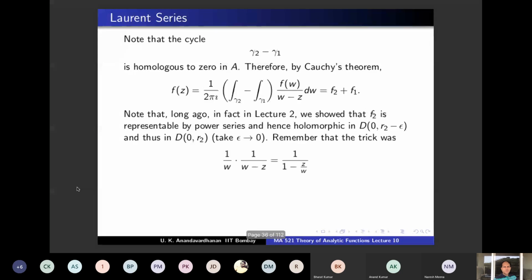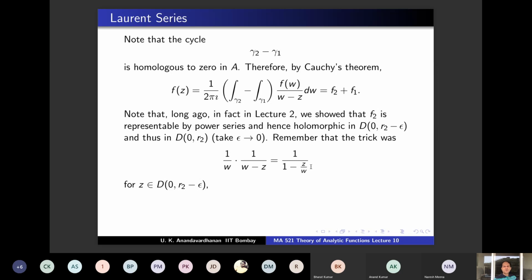So remember that the trick was geometric series. Basically 1 by w minus z, divide by w also, this is the same as 1 by 1 minus z by w, and you will expand it as a geometric series. For any z in D(0, R2 minus epsilon), mod z is strictly less than R2 minus epsilon, whereas mod w is on the boundary. You're integrating on the boundary. So mod w is R2 minus epsilon, mod z is strictly less than that.